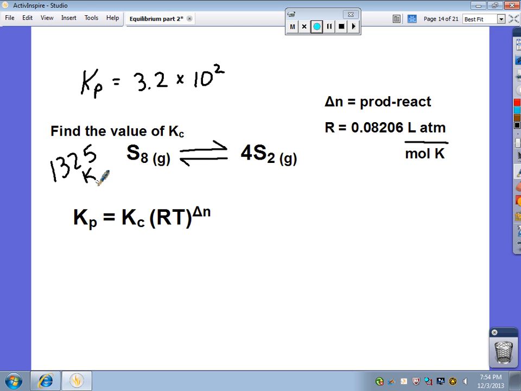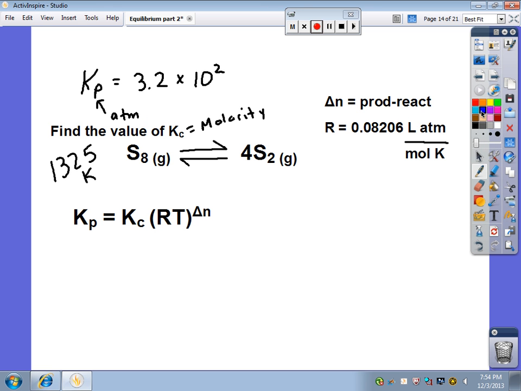They want us to find the value of Kc, which is in terms of molarity. Right? This is in terms of atmospheres. So we want to find it in terms of molarity. We just found it in terms of atmospheres.